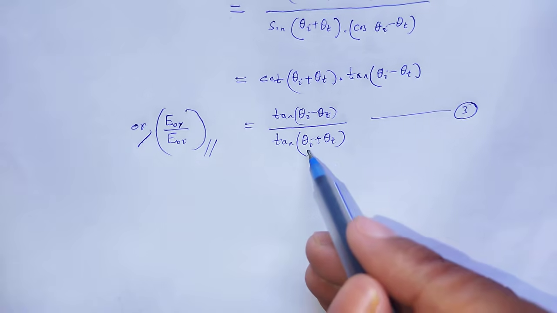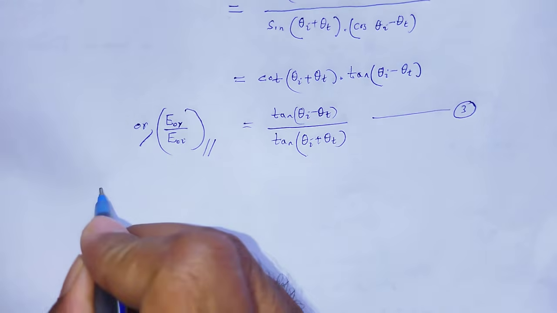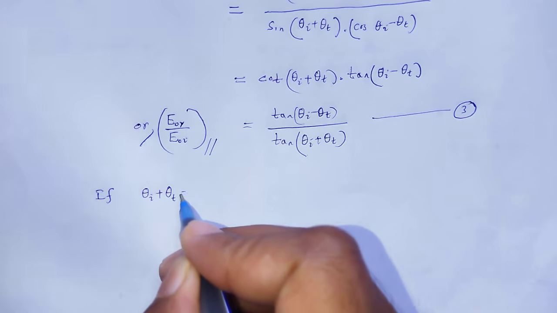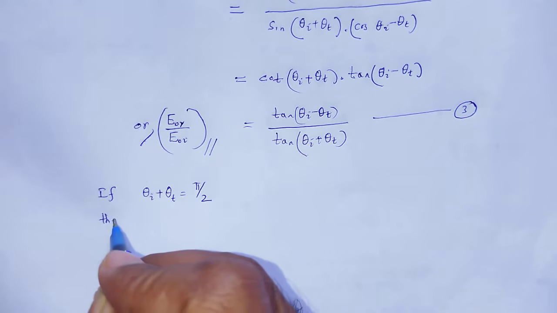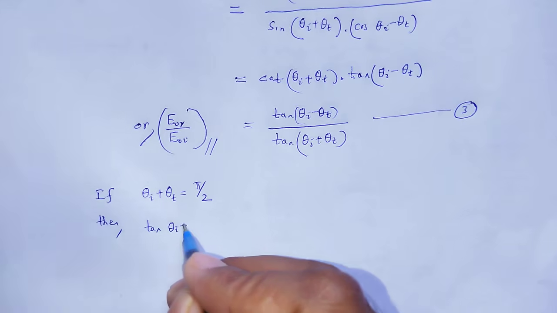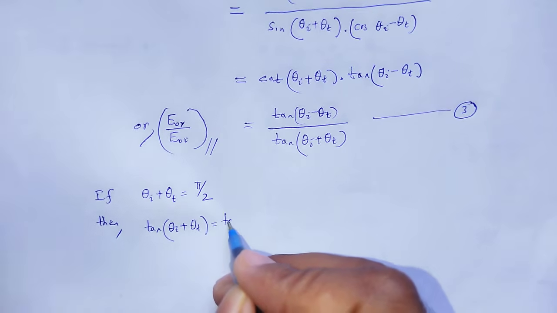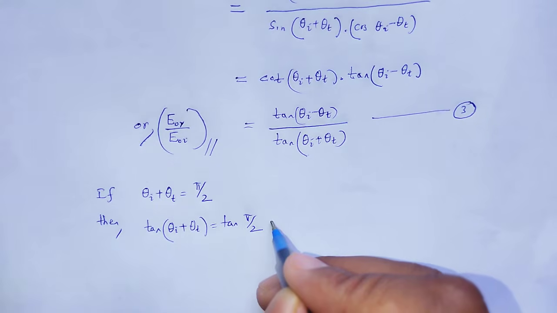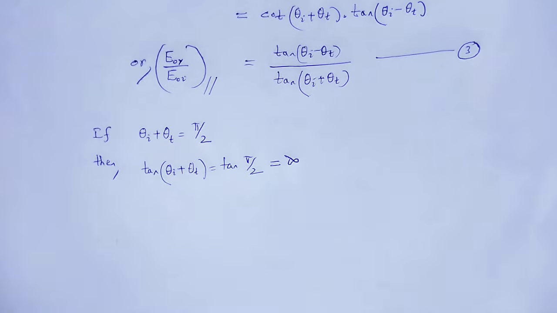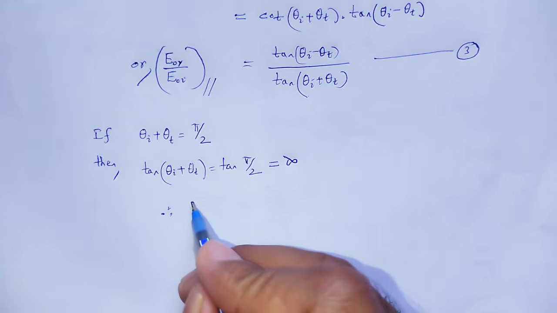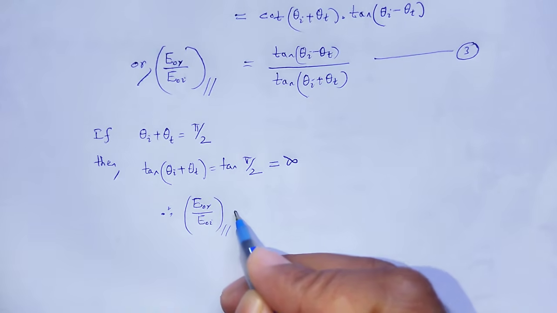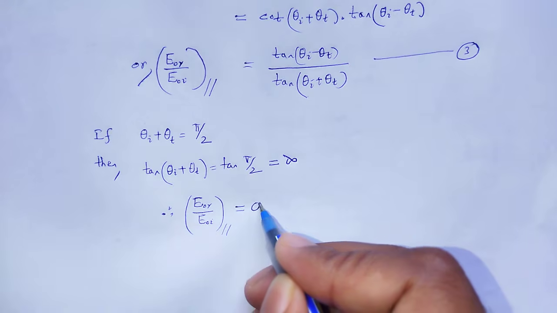When theta I plus theta t is equal to pi by 2, then tan of (theta I plus theta t) is tan of pi by 2, which is infinity, undefined. Therefore, E0R by E0I for the parallel component will be 0.